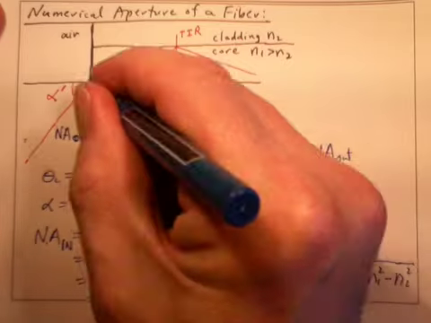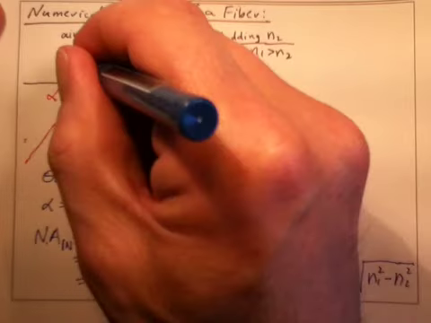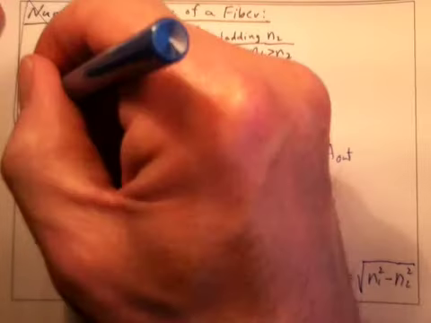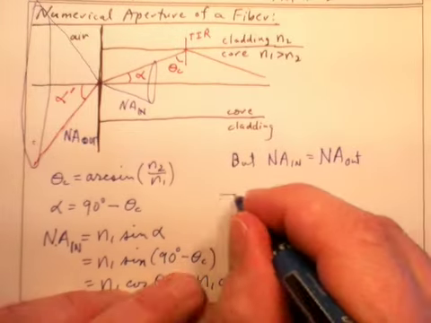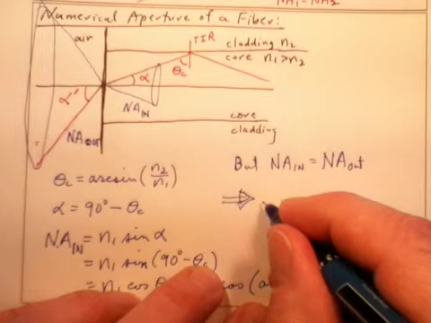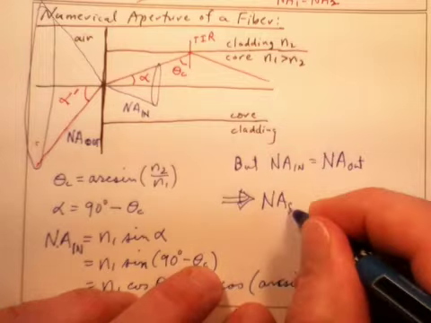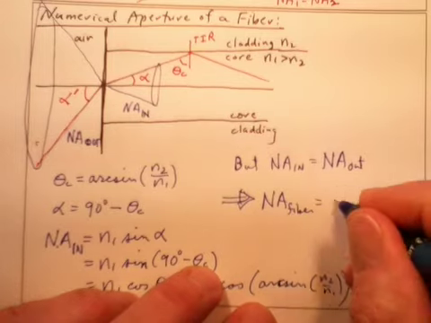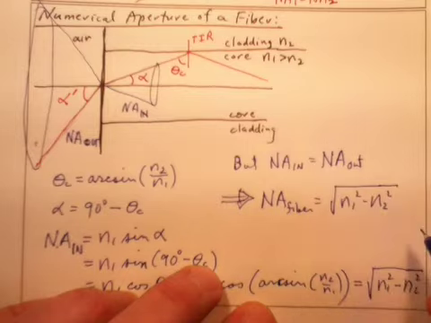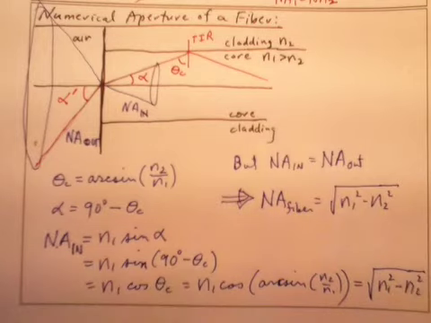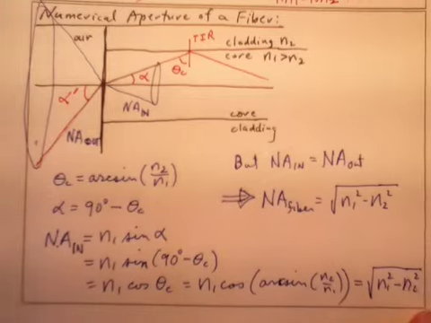And now on the outside we're going to consider this cone coming in. Hence the numerical aperture of the fiber is the square root of N1 squared minus N2 squared. And this is a positive number because N1 is greater than N2. So that's the calculation. Thanks.